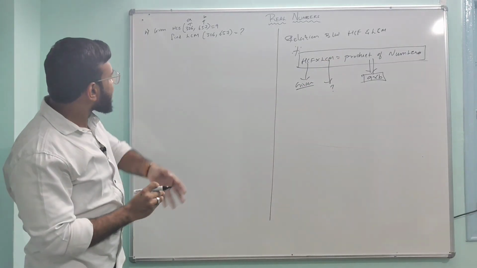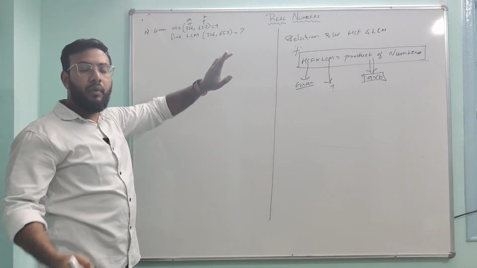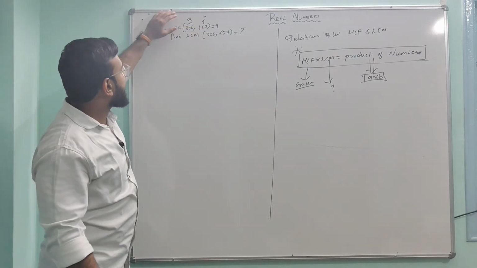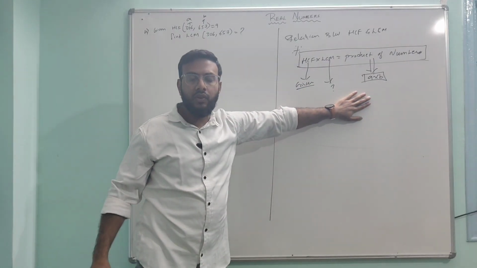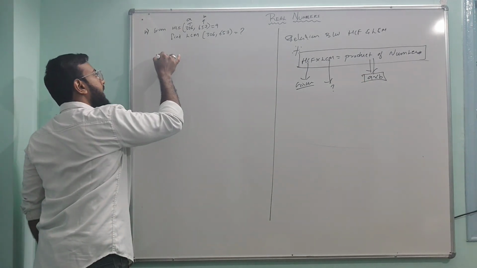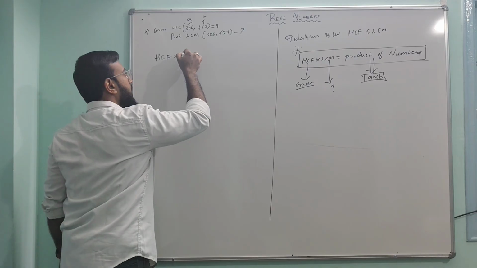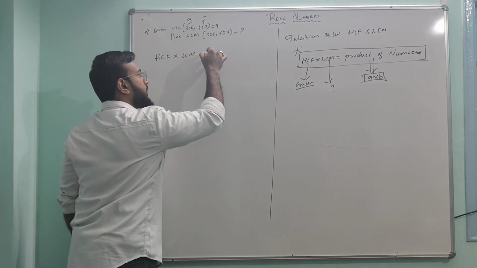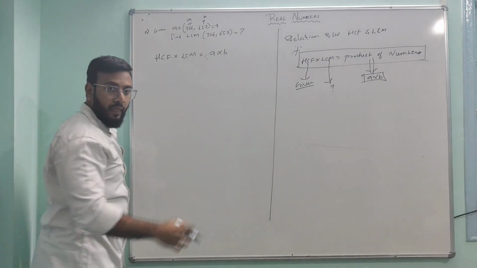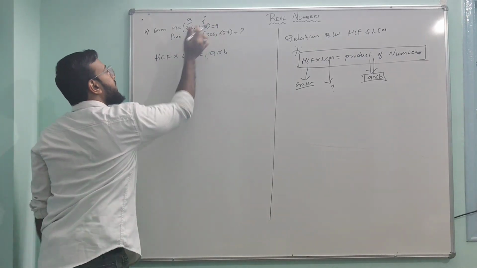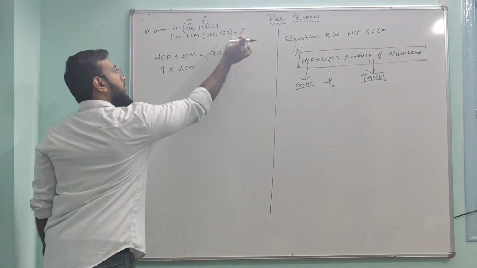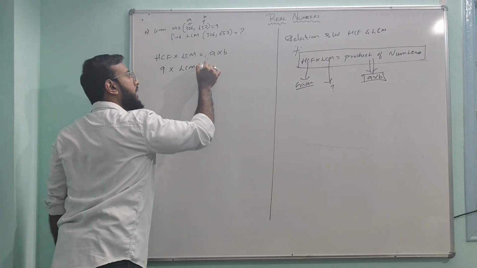In this case, if they have provided either the LCM or the HCF, one value, we use this concept: HCF into LCM is equal to the product. Let us apply this. HCF into LCM is equal to A into B. The HCF they have given is 9, and we have to find the LCM.